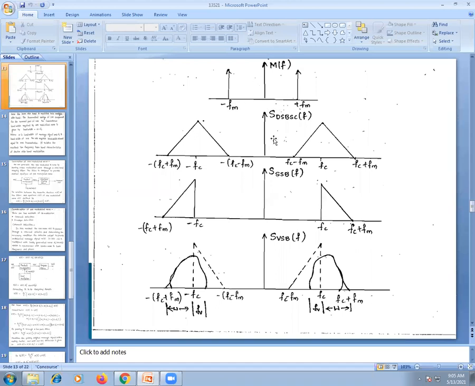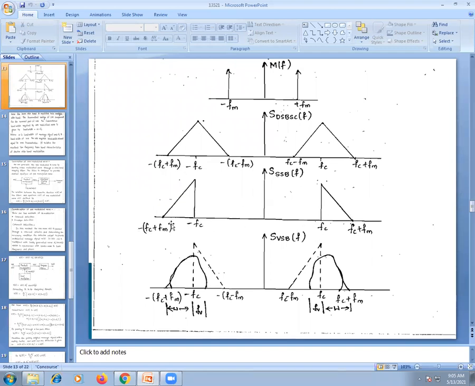The second one is DSB-SC, where the carrier is not there, with fc plus fm, fc minus fm, and minus fc plus fm, minus fc minus fm. Below that is SSB, the third waveform, with fc to fc plus fm and minus fc to minus fc minus fm.